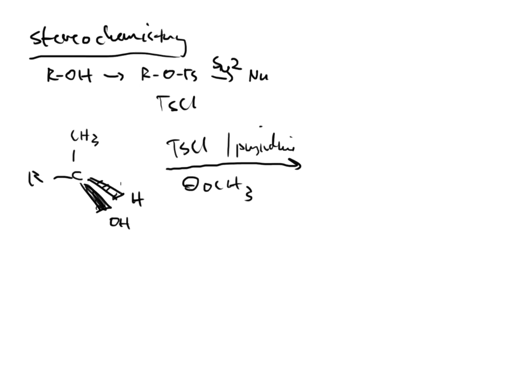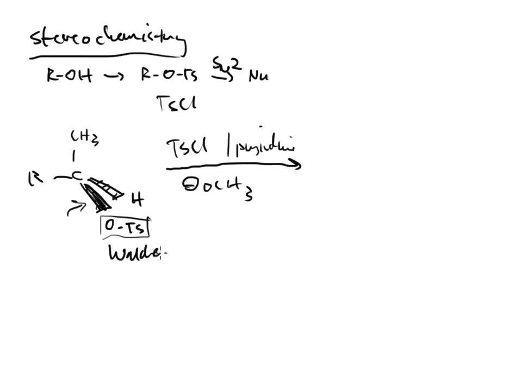Okay, so here's my alcohol group. That oxygen kind of stays there, right? That will eventually get the tosyl group. That's a very good leaving group now. And now we add on our nucleophile that will replace that piece. But when we do, this bond is going to be affected.